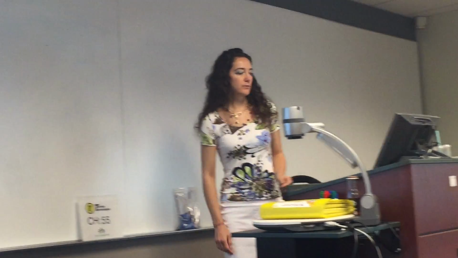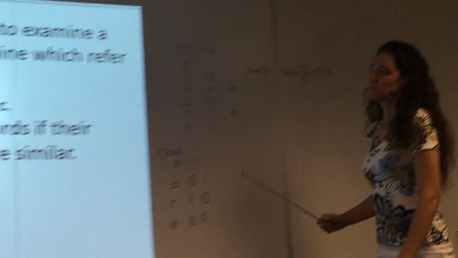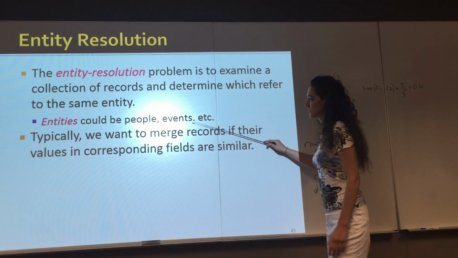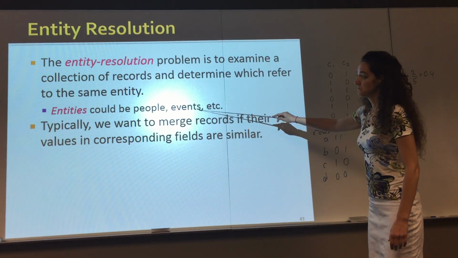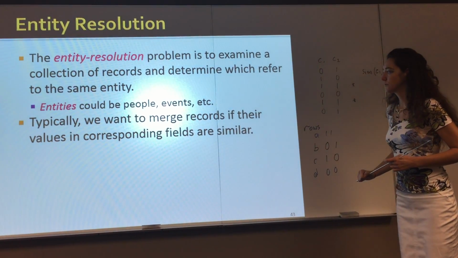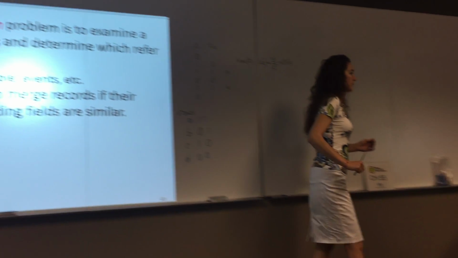In this case, if they refer to the same customer. If we're looking at customers, it could be people, events, cars, or some description of other objects. So we want to merge records if their values in the corresponding fields are similar.